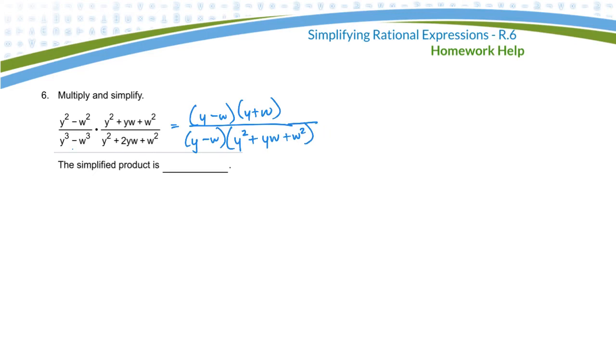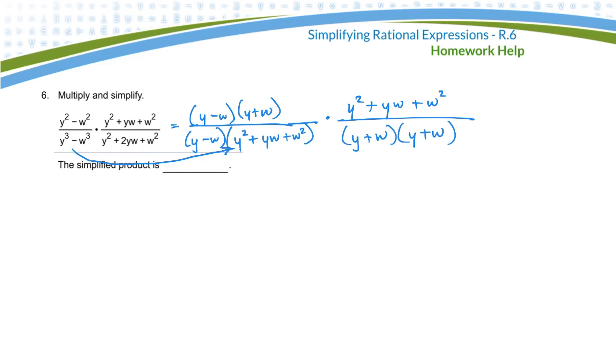You might have to check your formula to make sure that's correct. I think it's correct. Times on the top y squared plus yw plus w squared over, I think I can factor that one. I think it's y plus w, y plus w. Again, notice that it's factor, factor, factor, factor. A ton of that. So you want to make sure you're comfortable with them.